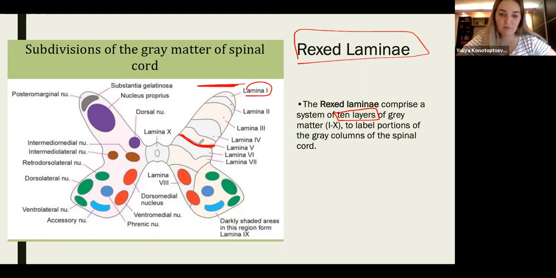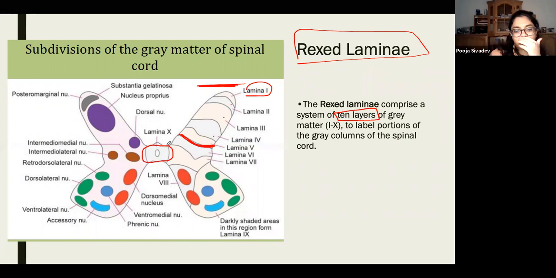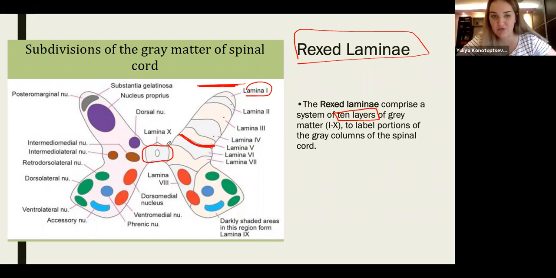Lamina 1 to lamina 4. How did we call this connecting area? Gray commissure. Very good. Which lamina is present in the gray commissure? Lamina 10. Another way to ask this question: which lamina surrounds the central canal? Because you remember this hole is the central canal, where the CSF is present. Lamina 10 surrounds the central canal.